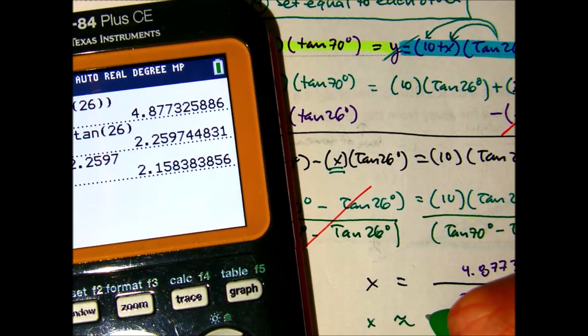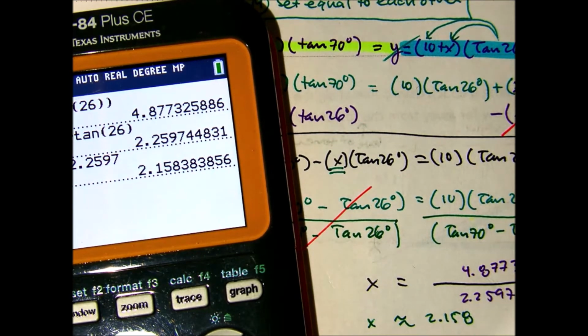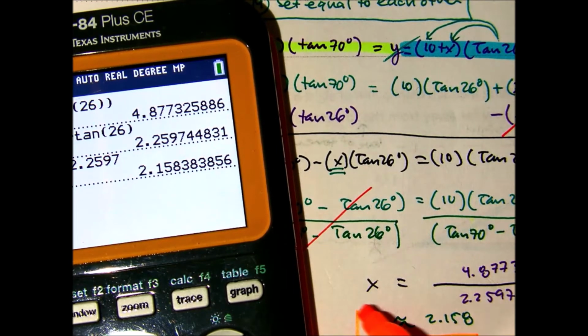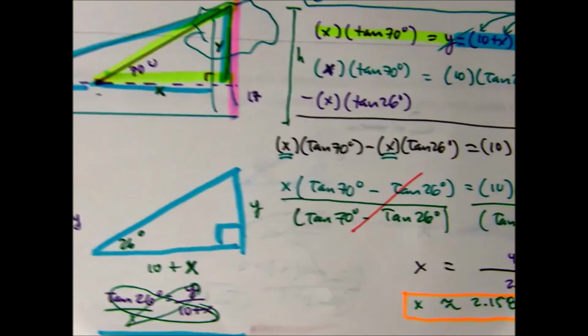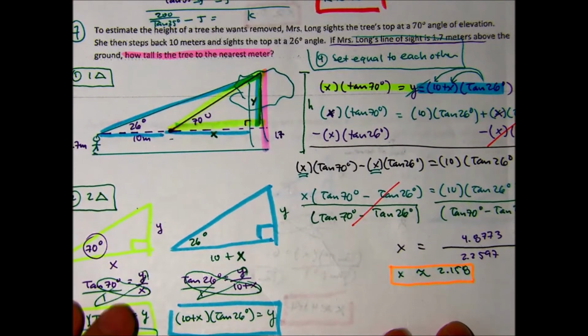I get approximately 2.158. Let's look back up to our problem. 2.158 only represents this distance.